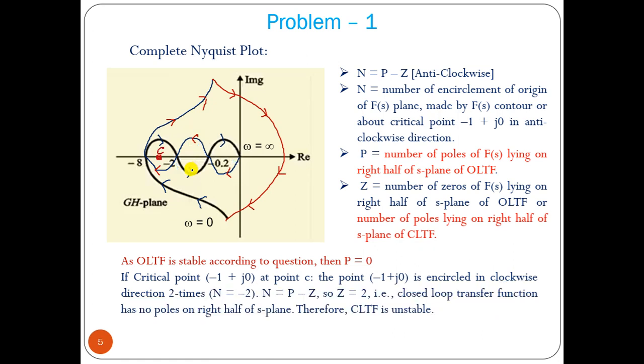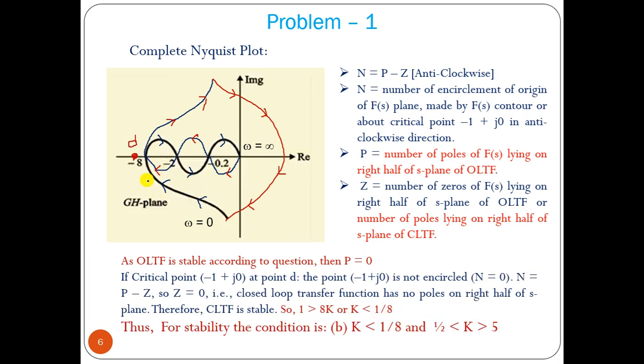Now if we look at point C, if you draw a line here, this intersects two lines of the Nyquist plot, both in clockwise direction, so N should be minus 2. Clockwise direction means minus 2. So if you put it in this equation, P equal to 0, Z becomes 2, so the closed loop transfer function is unstable. So we don't have to find any range of value of k.